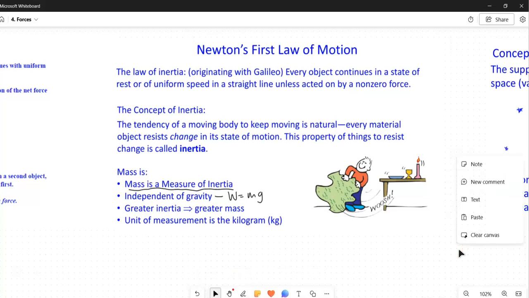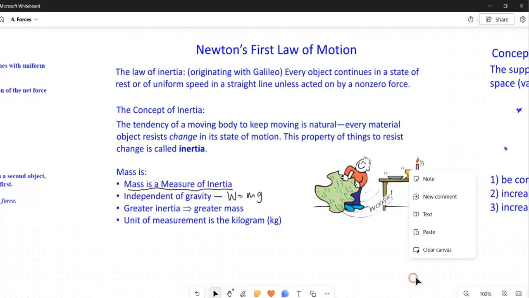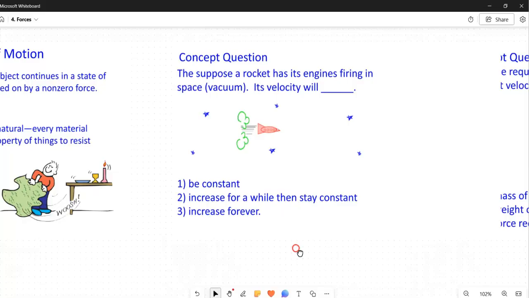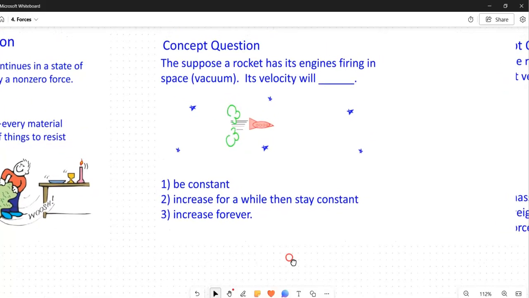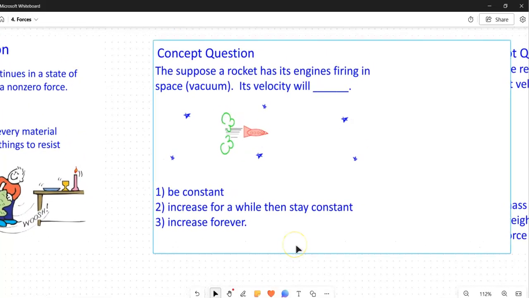But given that you now know that an object with mass will resist changing its motion, let's investigate your current conceptions about Newton's first law. Suppose a rocket has its engines firing in space.